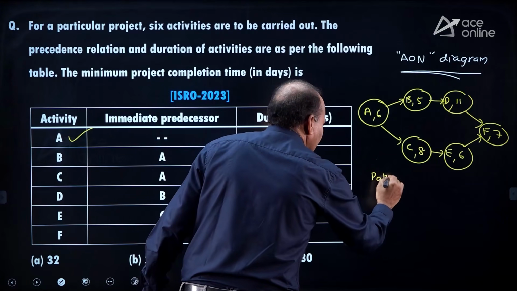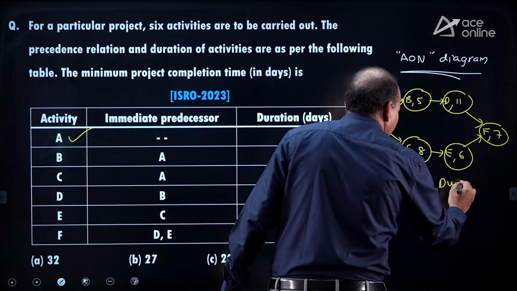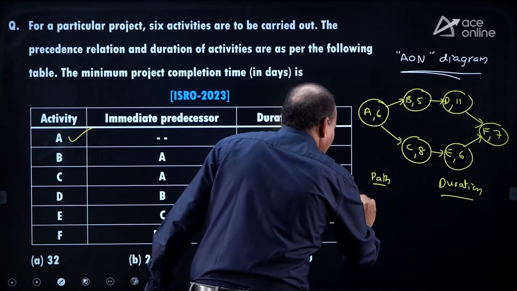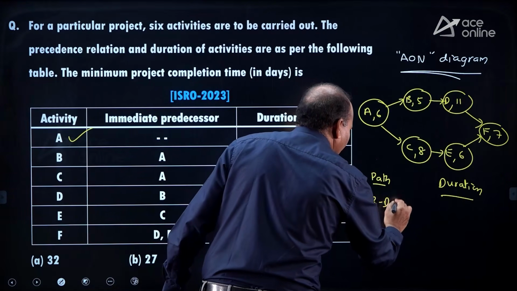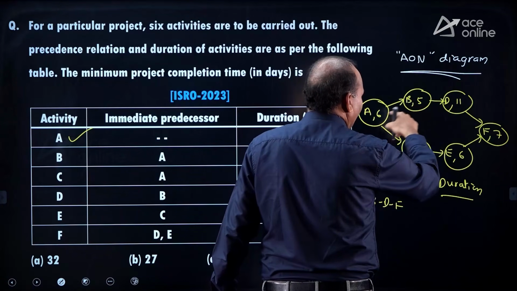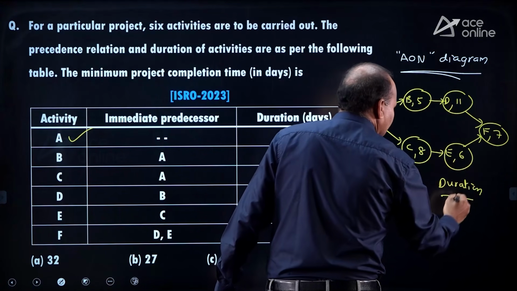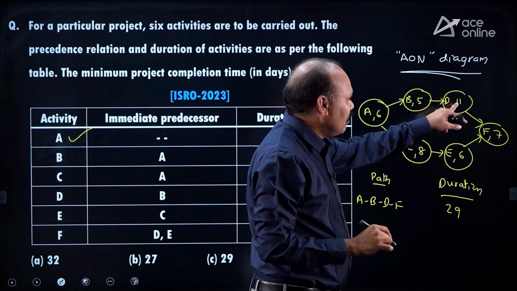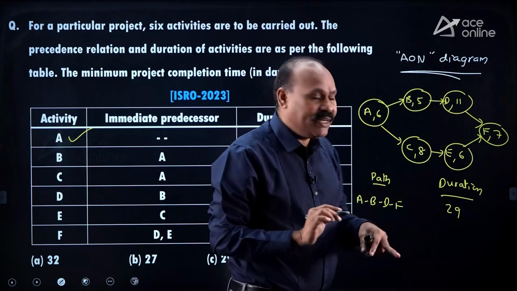Take the paths, path and duration. First path A, B, D, F: 6 plus 5, 11, 11 plus 11, 22, 22 plus 7, 29.